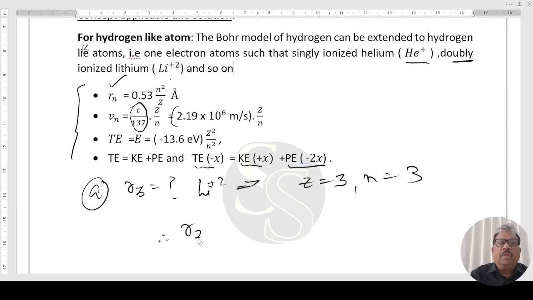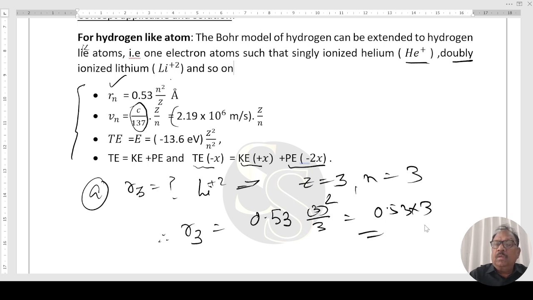Therefore, R3 will be equal to 0.53 into n square, 3 का square upon 3, that is 0.53 into 3. This comes out to simplification 1.59 angstrom. This is the answer part A.